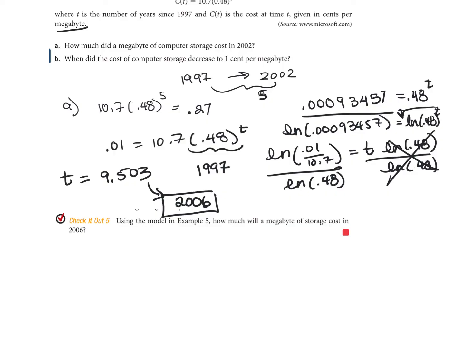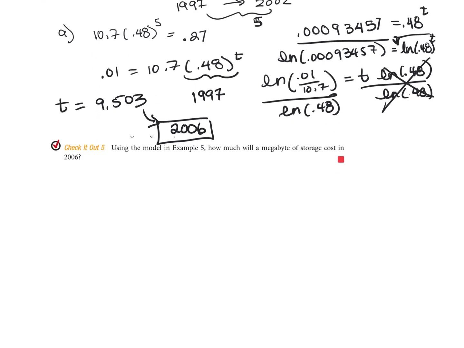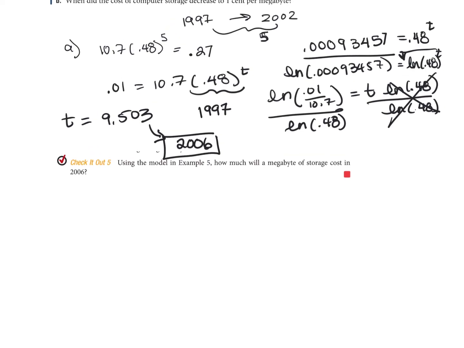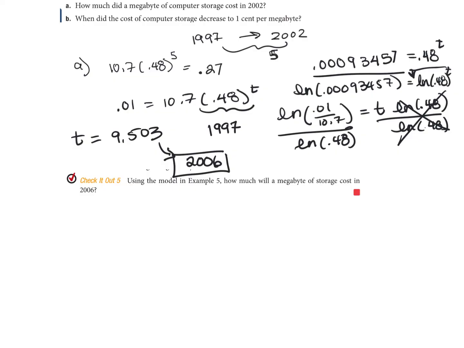And using this model, how much will it make it cost in 2006? Exactly, at the start, 9 years, not in the middle. Clearly, it's going to be close to 1 cent, right? So let's take 9 years from 1997. All right, that's 9 years.